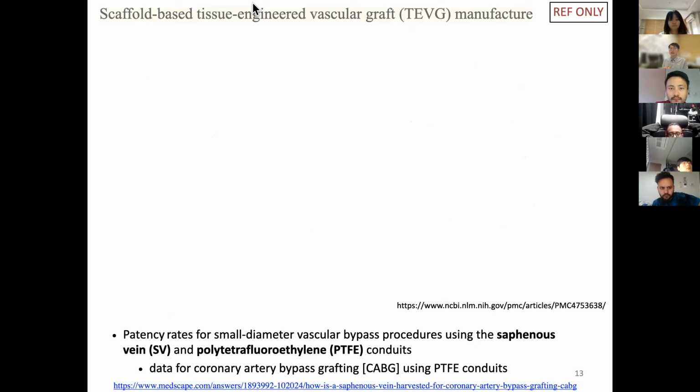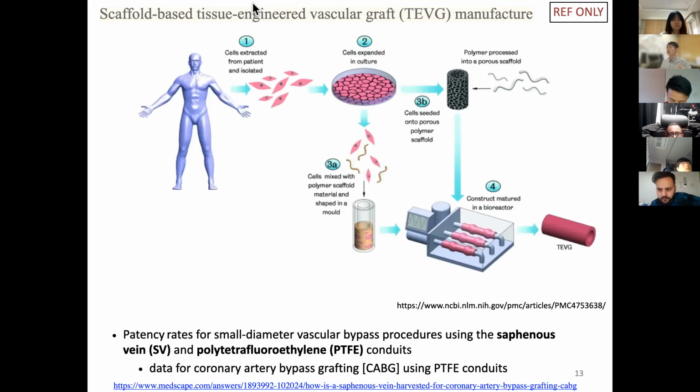So let's move on a little further from scaffold-based tissue engineered vascular graft, or TEVG, manufacturing. This is still not perfect, but we are trying a better way. From the patient, we extract and isolate the cells, and we expand them in cell culture. There are two ways of generating this vascular graft.